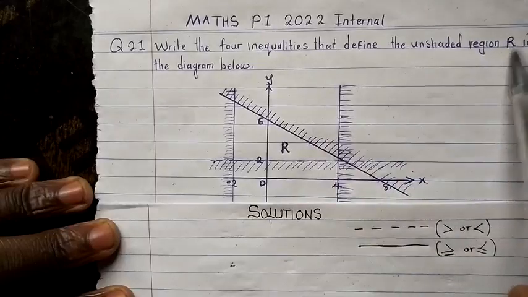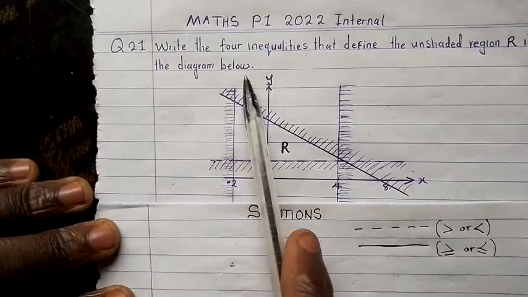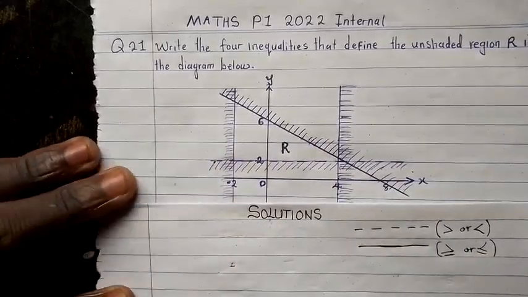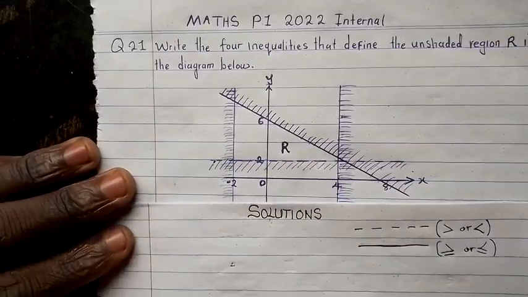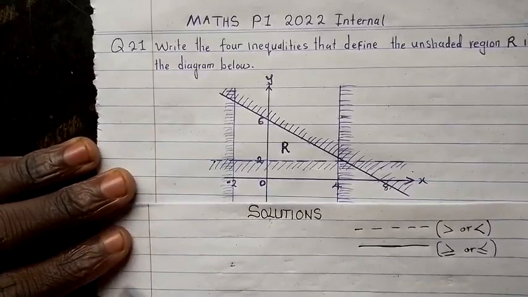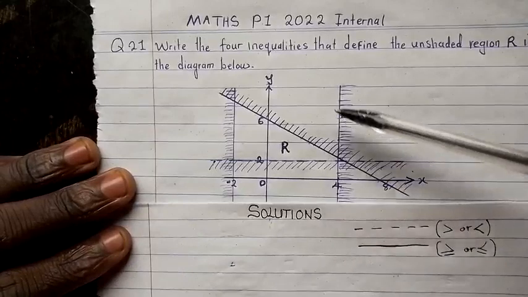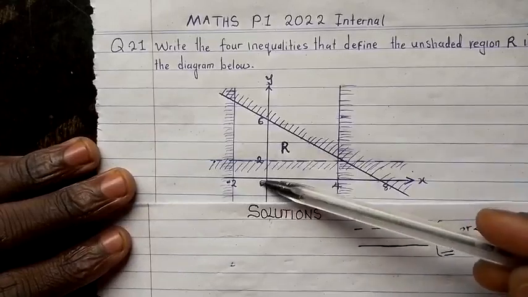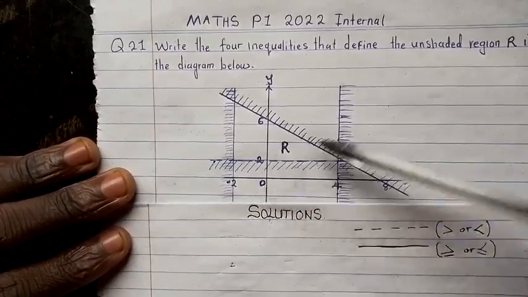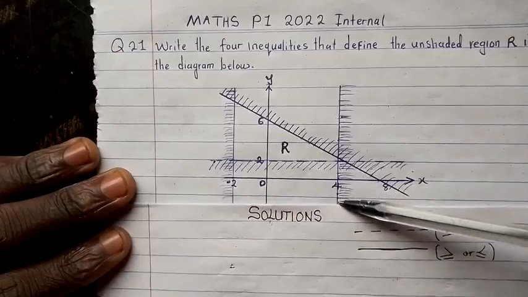So I can see this line here, since this one is the origin, is cutting only on one axis.